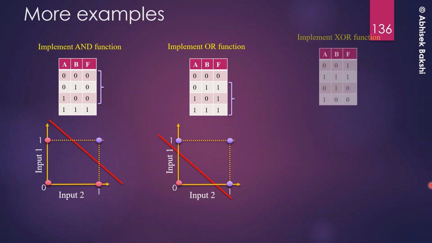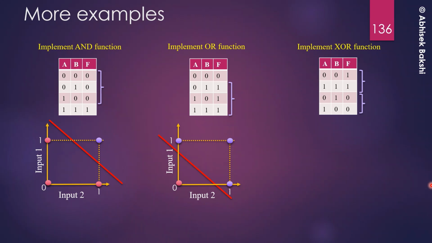But what about this XOR? This XOR has a very complex and interesting representation in the 2D plot. It looks something like this. You see, the violets are here and here, and the reds are here and here. Now, if I ask you to create a linearly separating line, you see it's not possible.